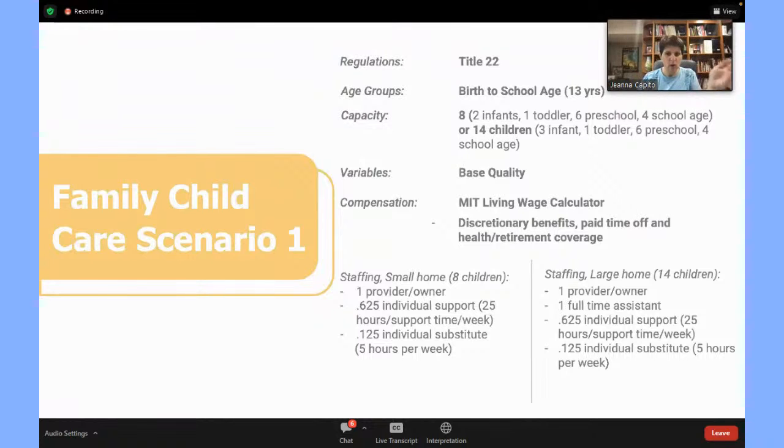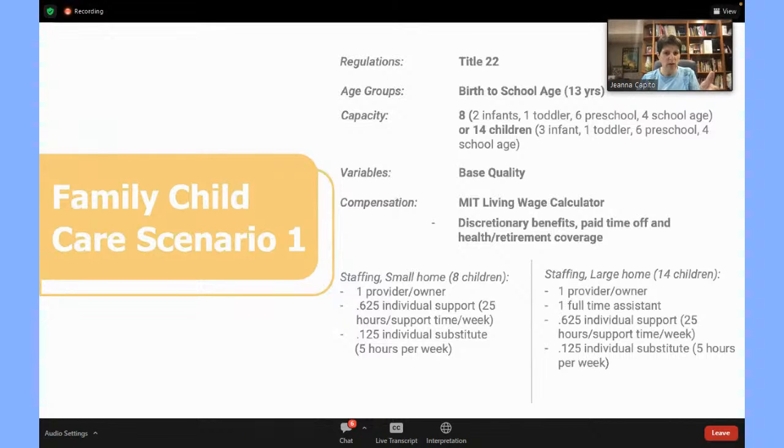In the small home, there's the one owner provider, which is of course required by licensing. The additional staffing or support that comes with the model in this scenario of meeting base quality includes 25 hours a week of support time for the delivery of the service in the small family childcare home.